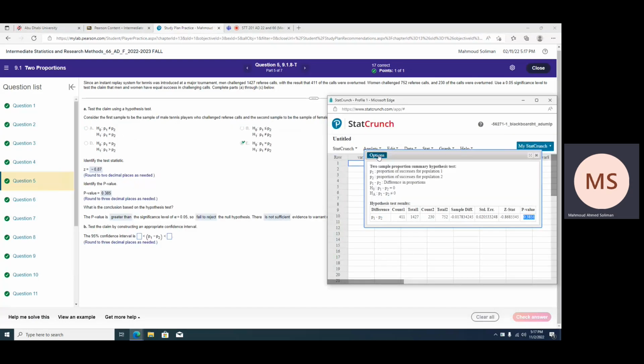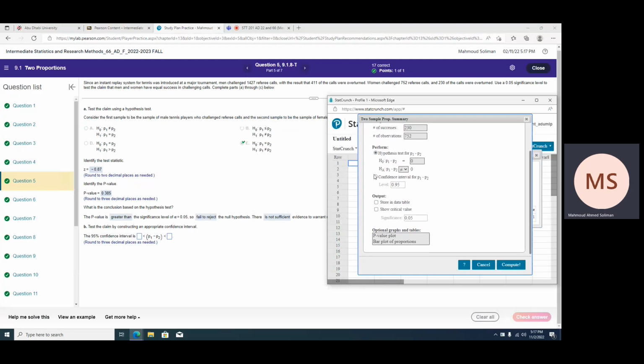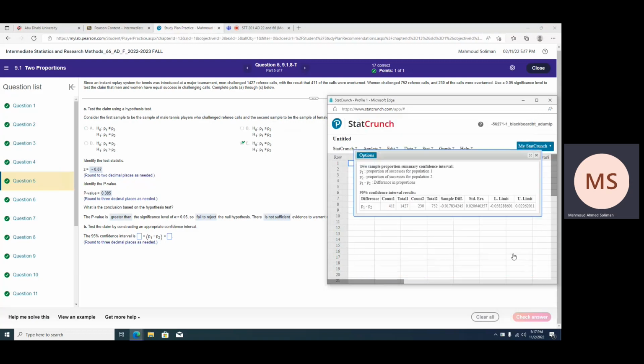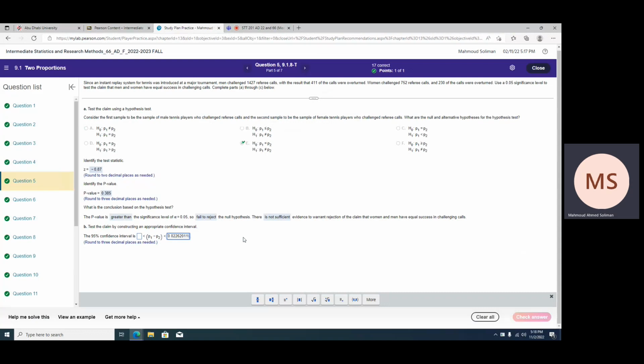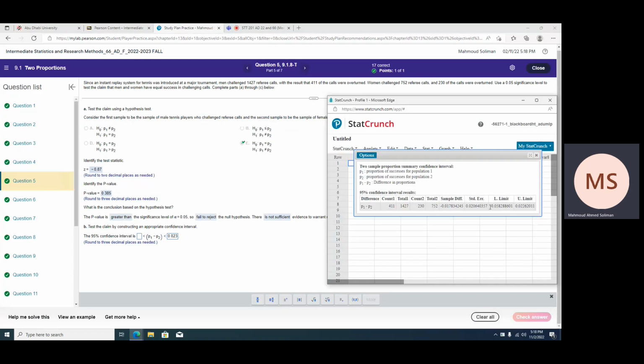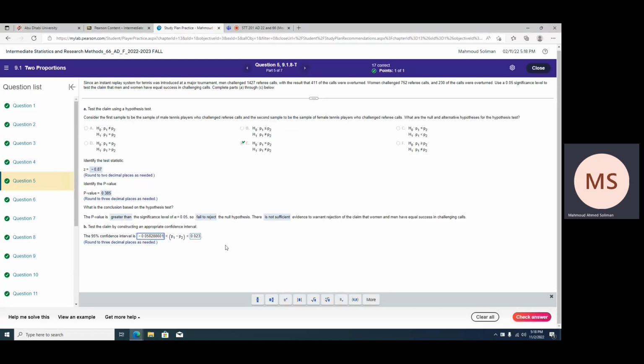So we go back to StatCrunch, edit, and here, confidence interval. Same setup, 95%. Compute. Copy the upper limit, and we have to do 3 decimals. Then the lower limit, move 2 because 3 decimals.